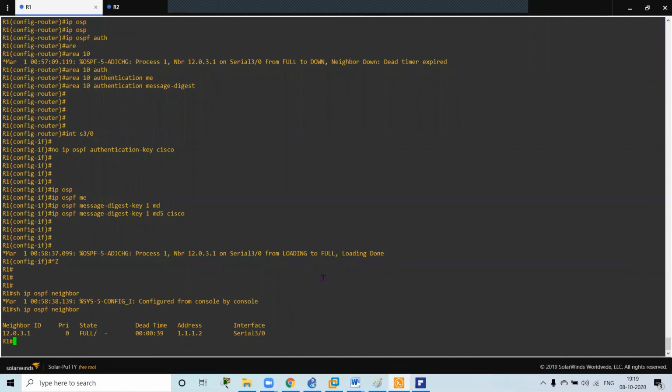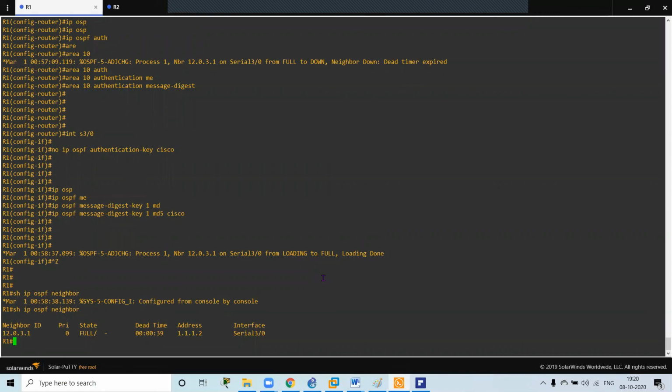Understood? Which one is more stringent, the process level? You have to use the interface level, because if someone else configures it on the interface, the process level will be removed.